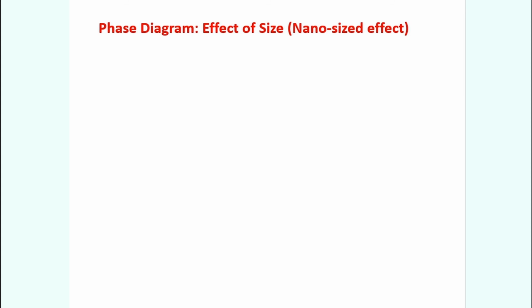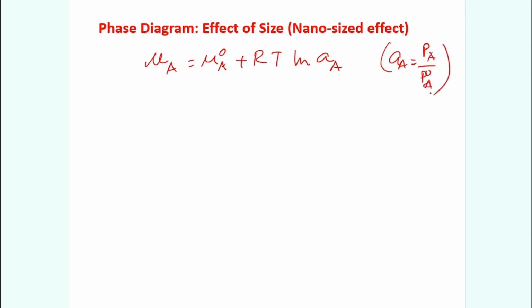What is the general form of chemical potential? The general form of chemical potential is mu A equal to mu A 0 plus RT ln, okay, activity A. And activity for a gas is written as PA by PA 0. In a gas mixture, it is the partial pressure of A divided by the pressure of pure A. So, if it is 1 atmospheric pressure in the air, the partial pressure of oxygen is 0.2, 20% oxygen.